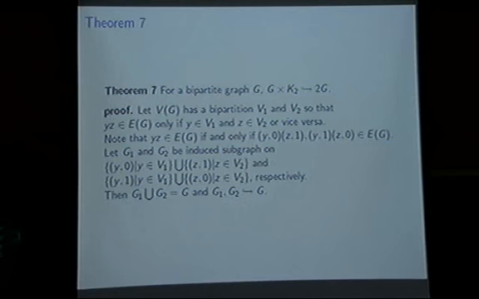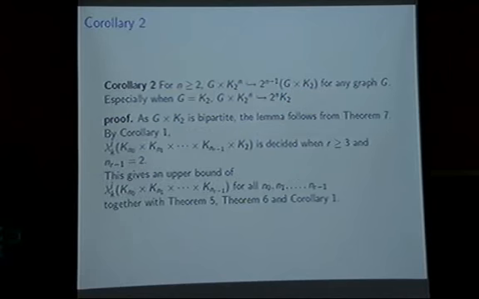Especially when you have K2, if G is bipartite, then G times K2 is isomorphic to twice G. So then if we have at least two copies of K2, they are isomorphic to these ones. So then you can really have a labeling of just one of them and then extend that.